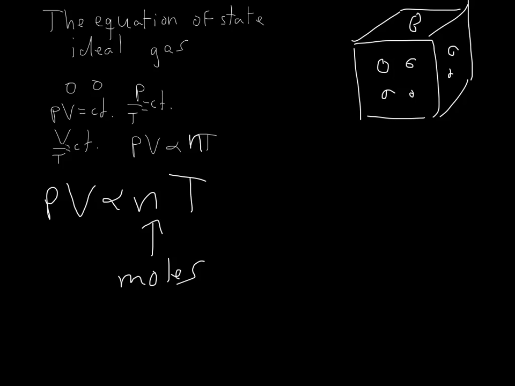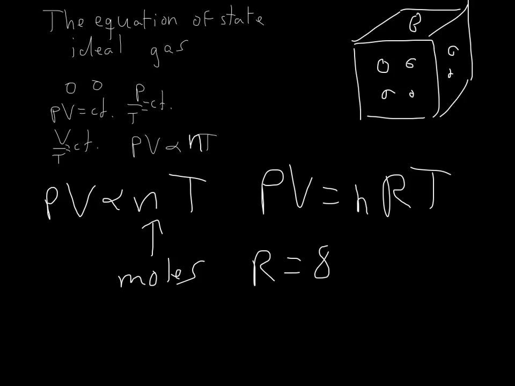Okay? So we have that PV is proportional to NT, where N is the number of moles. Good. We're doing great. And now we need some other constant. In this case, it's just a constant. So we know the more moles, the more PV, the more T, the more PV. And then there will be a constant of proportionality simply because nature does not measure things in our units. Now this constant is called, again, very originally, the gas constant. And it's called R. So PV is nRT, where R is the gas constant, and it has this value.